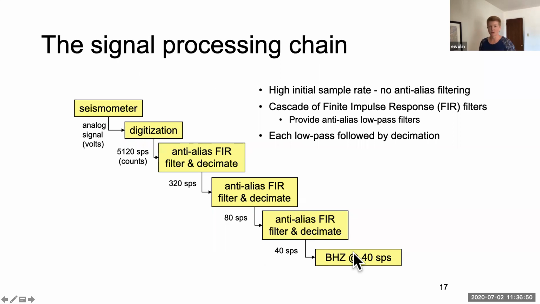So you want to sample at 40 samples per second. There are actually several stages of decimation and filtering to get that analog signal into an unaliased 40 samples per second signal. So we describe this as a cascade of filters, and these are all designed to avoid aliasing.